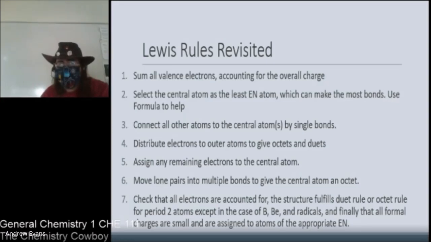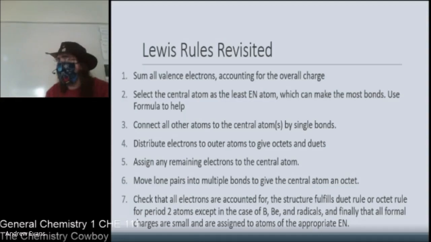And finally, we're going to minimize all formal charges to get them small and assigned to the atoms with the appropriate electronegativity. Now, there will be some times, and I'll show you in the next slide, where you have to choose between, do you want low formal charges or do you want an octet?